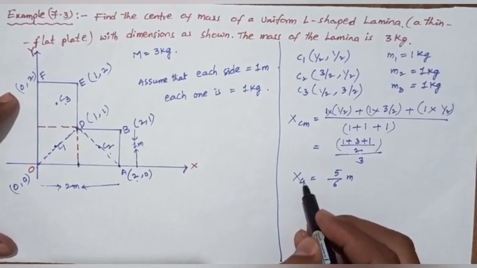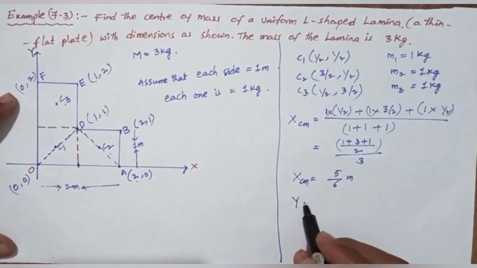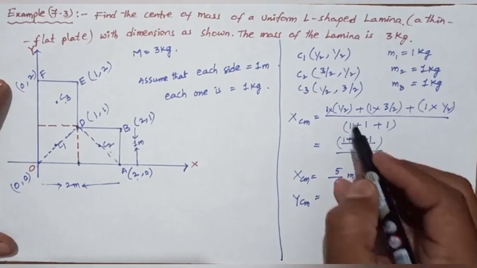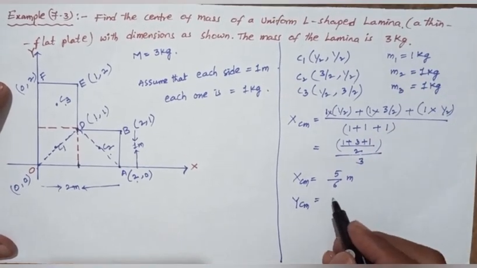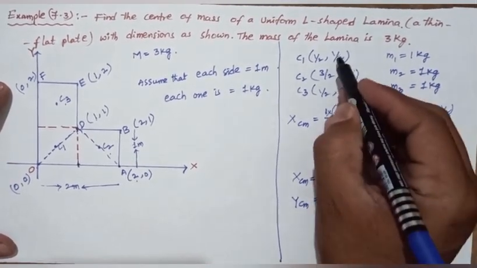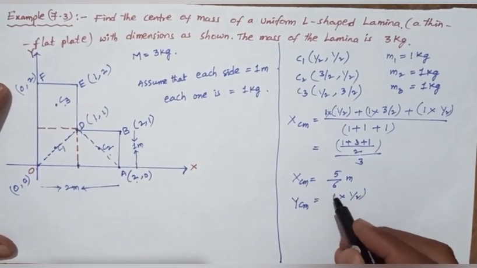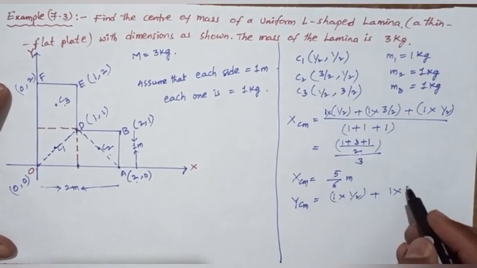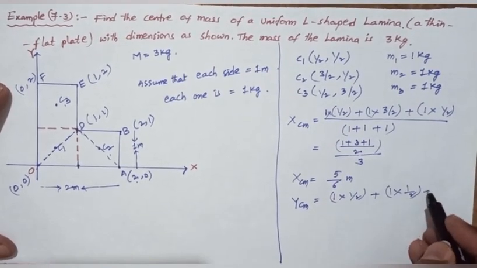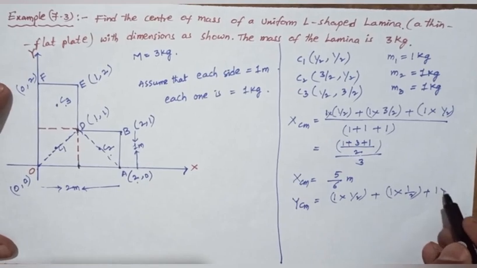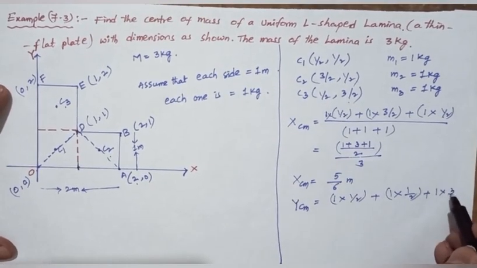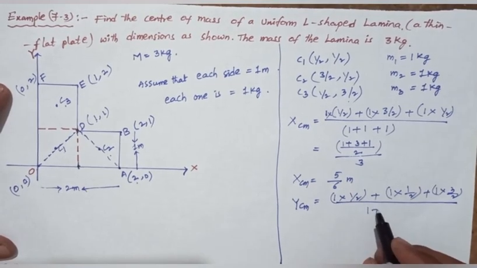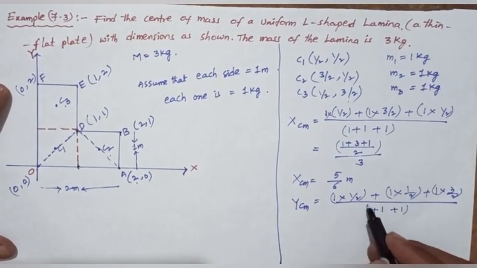This is the XCM value. Next, YCM equals the center of mass in the y direction. So this is also m1, 1 into 1 by 2, plus 1 into 1 by 2, plus 1 into m3, 1 into 3 by 2, divided by 1 plus 1 plus 1.